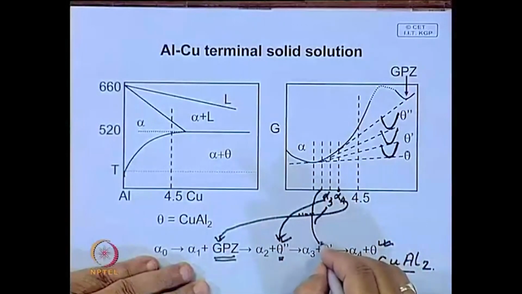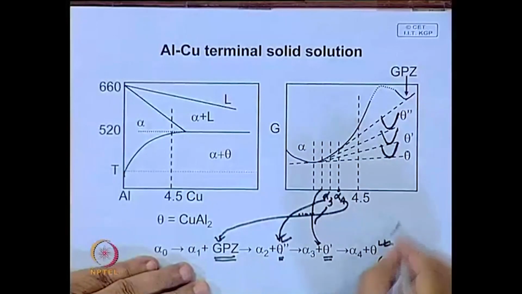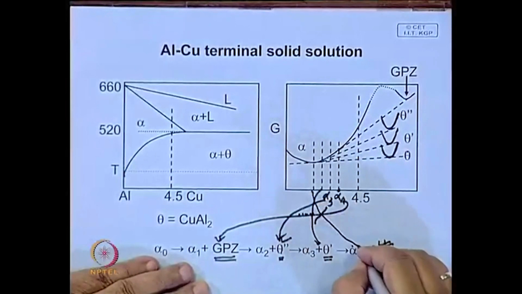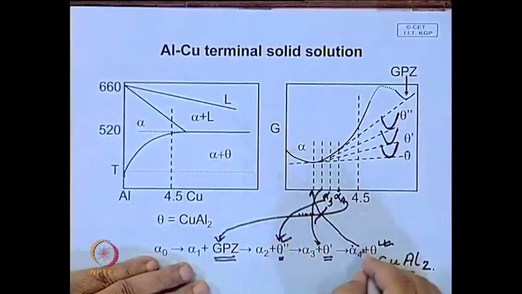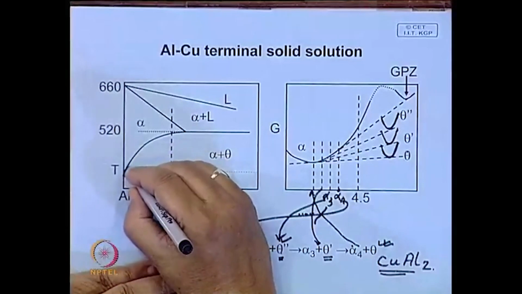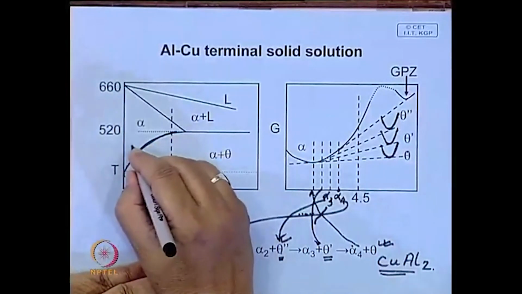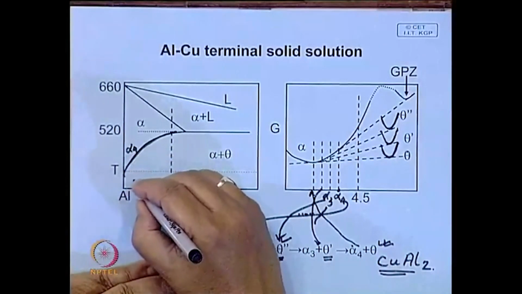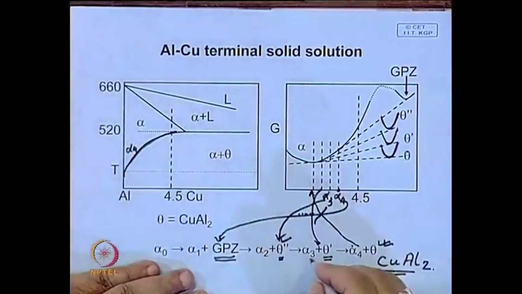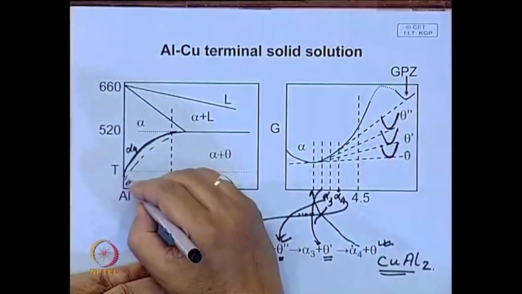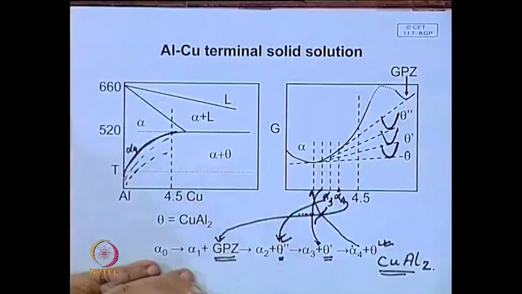So, what we can say is this is the solvus curve for theta, that is alpha 4. The alpha 3 line will be somewhere like this, then alpha 2, then alpha 1.